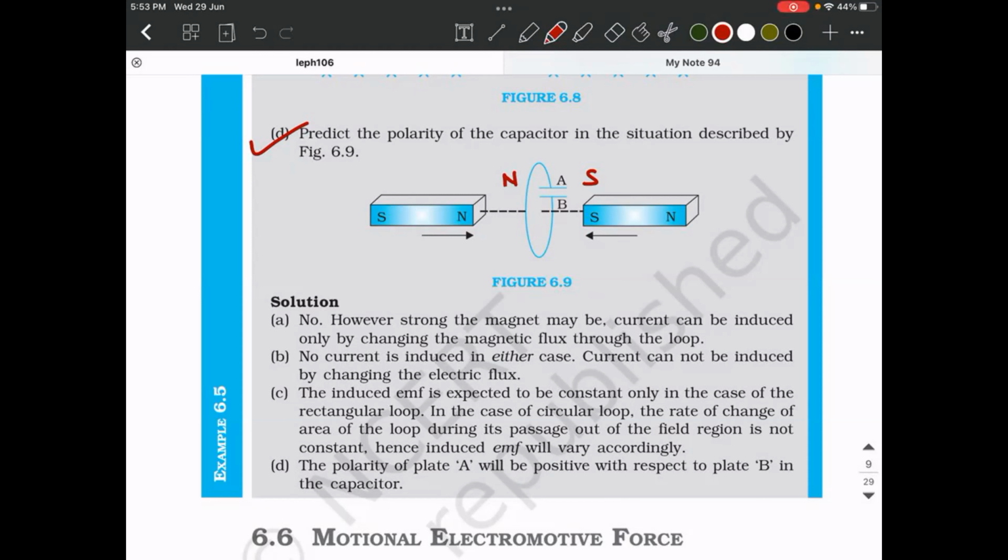How is A positive? Actually, there is a mistake. It is B to E. Because where is A according to you? It's a capacitor.